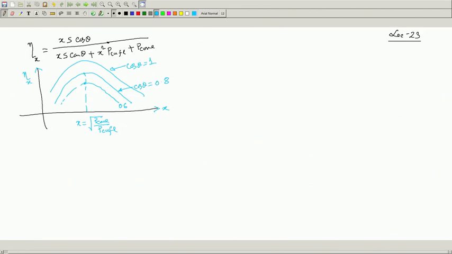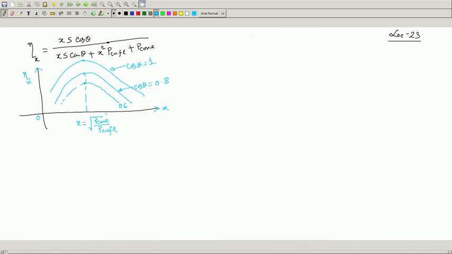The maximum efficiency points will always lie as we have discussed, and therefore the highest efficiency of a transformer will occur when the load connected is at unity power factor and the value of x is this number. At x into S kVA maximum efficiency will occur.